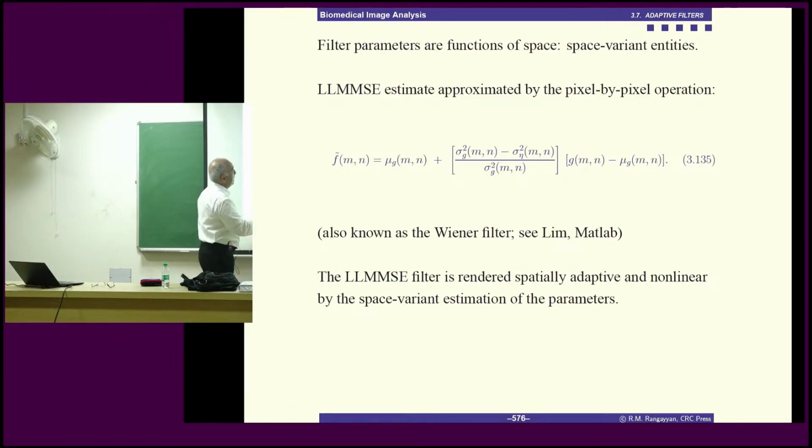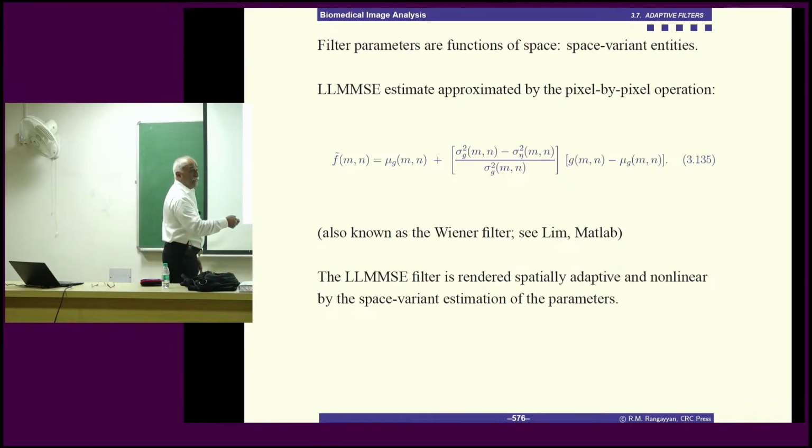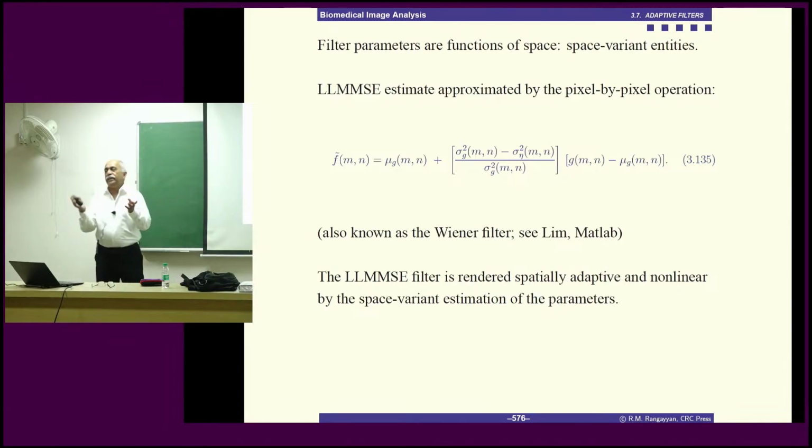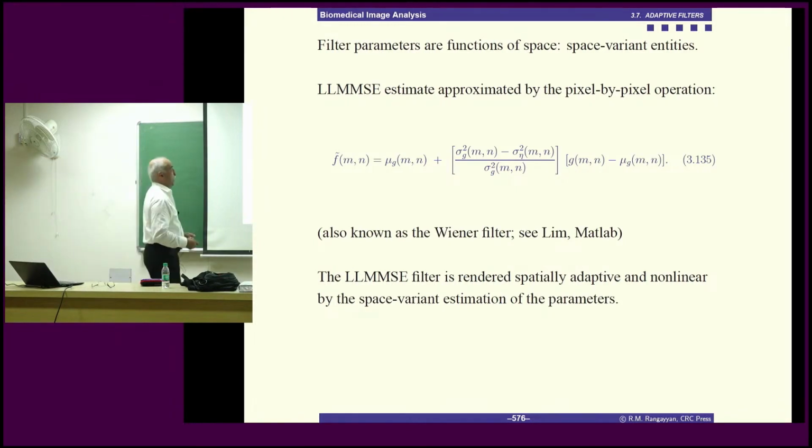And what is this? The signal minus the low-pass version. 1 minus low-pass is high-pass. So this is a high-pass version. Edge enhancement is being done here. So this is blurring, this is sharpening. Low-pass filter, high-pass filter. You are getting a combination of low-pass and high-pass filter controlled by this gain factor, which changes with the local statistics over the entire image as you go, with the filter window running across the image.